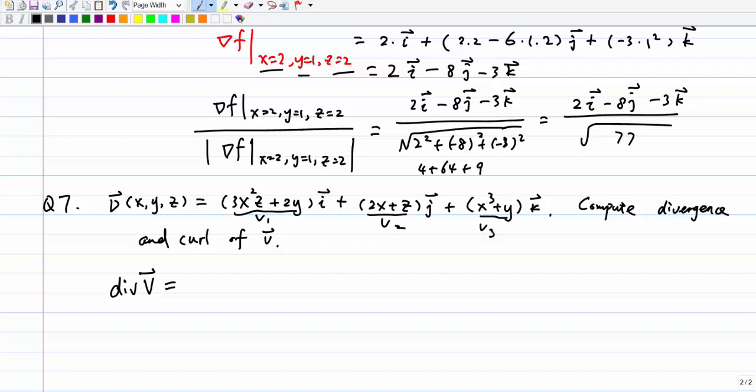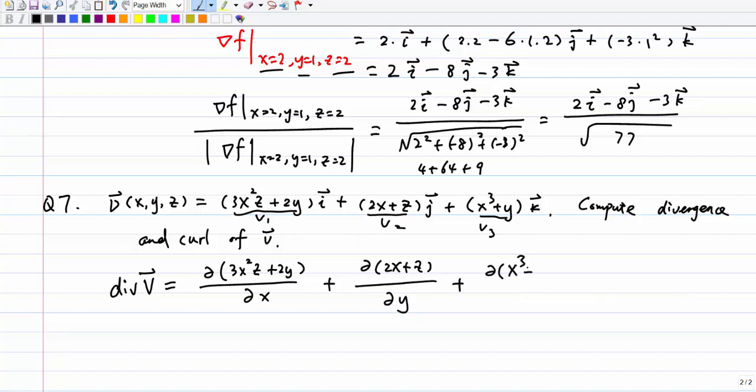The divergence will be the partial of the first component, 3x squared z plus 2y, over partial x, plus partial of 2x plus z over partial y, plus partial of x cubed plus y over partial z. So that's what we have.